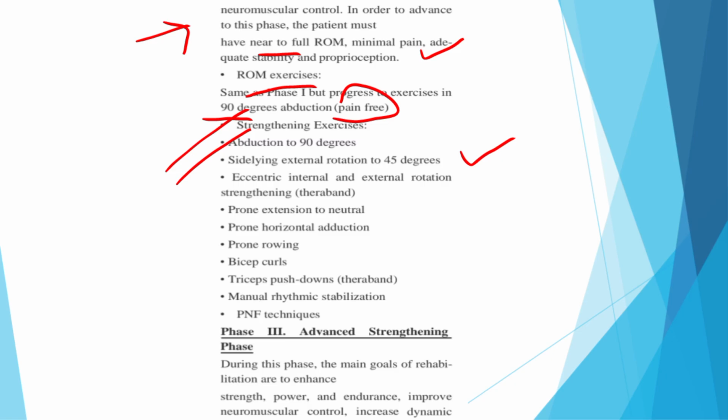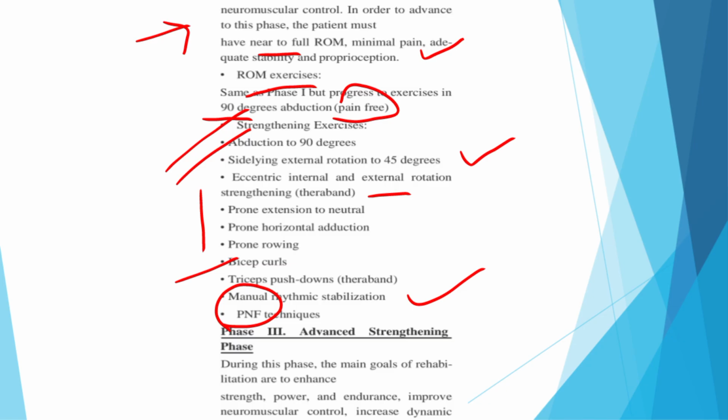Eccentric internal and external rotation strengthening with the help of TheraBand. Prone extension to neutral, prone horizontal adduction, prone rowing, all the movements of the upper extremity, bicep curls, tricep push-ups, push downs, manual rhythmic stabilization, PNF, proprioceptive neuromuscular facilitation techniques. We can use all of these in phase 2.